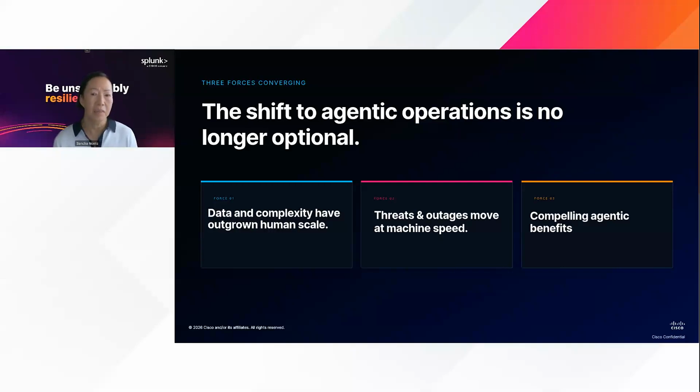At the same time, both threats and outages now unfold at an even faster machine speed than ever before. Attackers, we hear about it in the news quite frequently now with Anthropic and OpenAI security use cases, are using AI as well, and AI has a mind of its own, and it's doing crazy things as well.